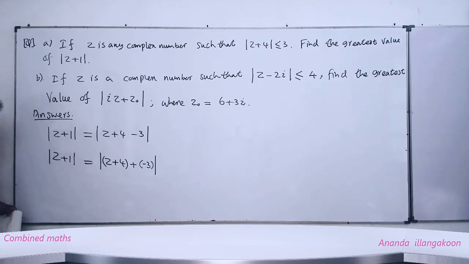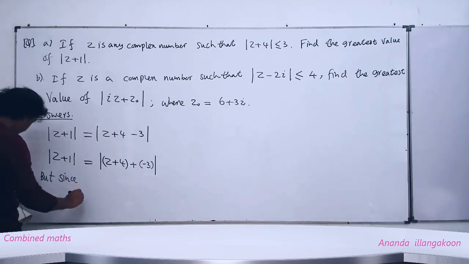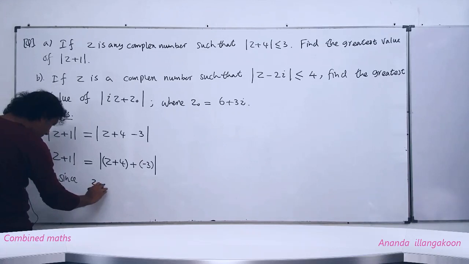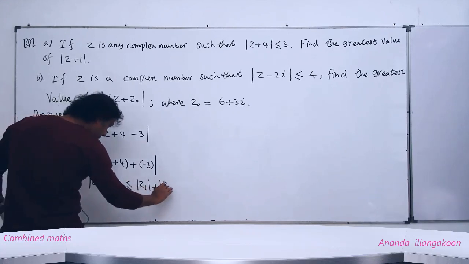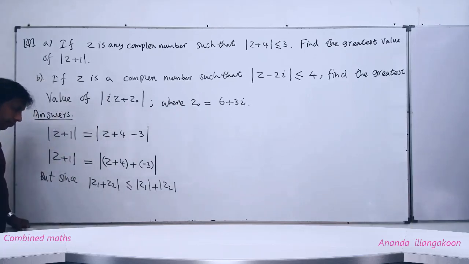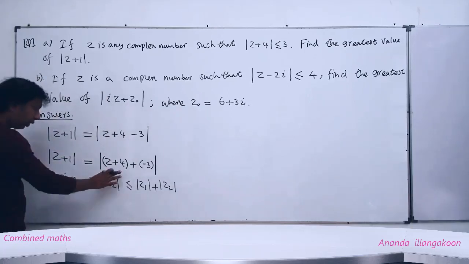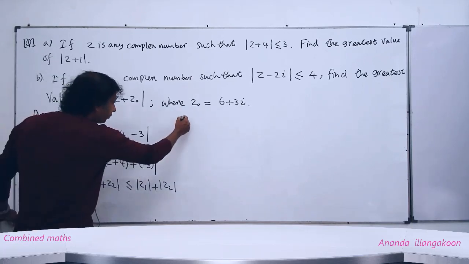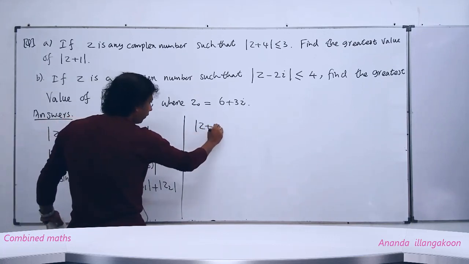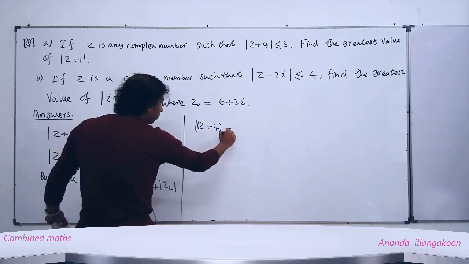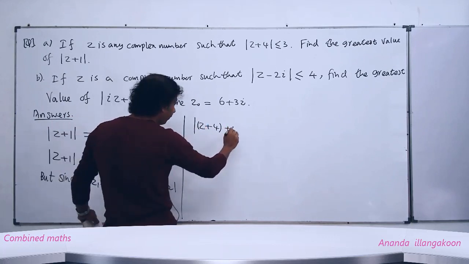Now you can use that to solve. Since |Z1 + Z2| is less than or equal to |Z1| + |Z2|, this one you can now consider as Z + 4 plus minus 3.